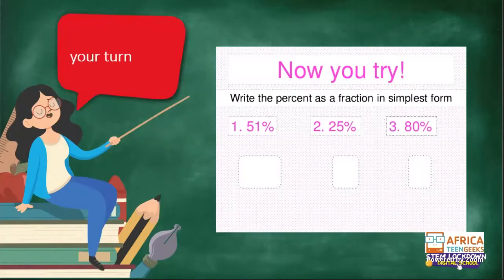All right, let me look at the answers. Okay, I have for 1, it's 51%, and Mushava says it's 1 over 2. Okay, for 2, 1 over 4, that's correct. And for 3, 4 over 5, that's correct.